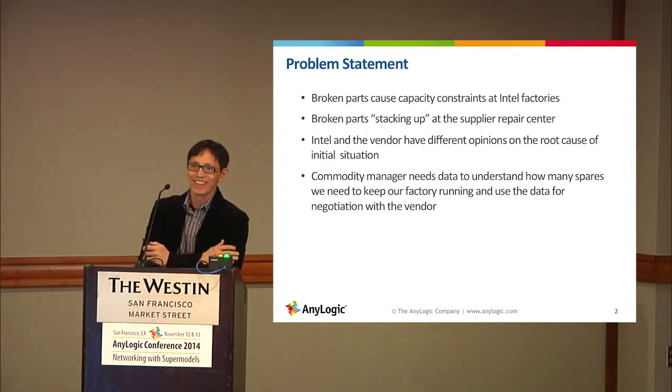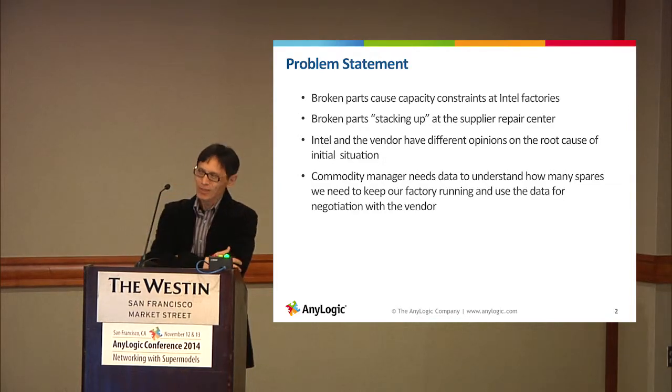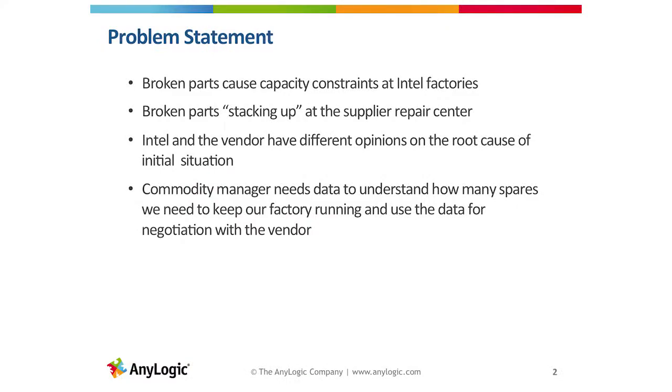Okay. So just a problem statement here. I think this was about a year ago. Our equipment commodity manager and the equipment engineer were dealing with a problem at a factory. What happened is there's this particular part in the equipment.